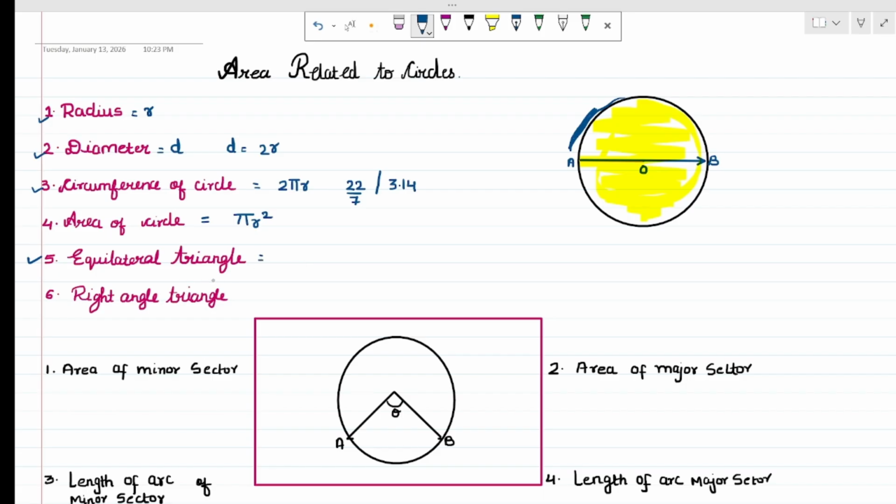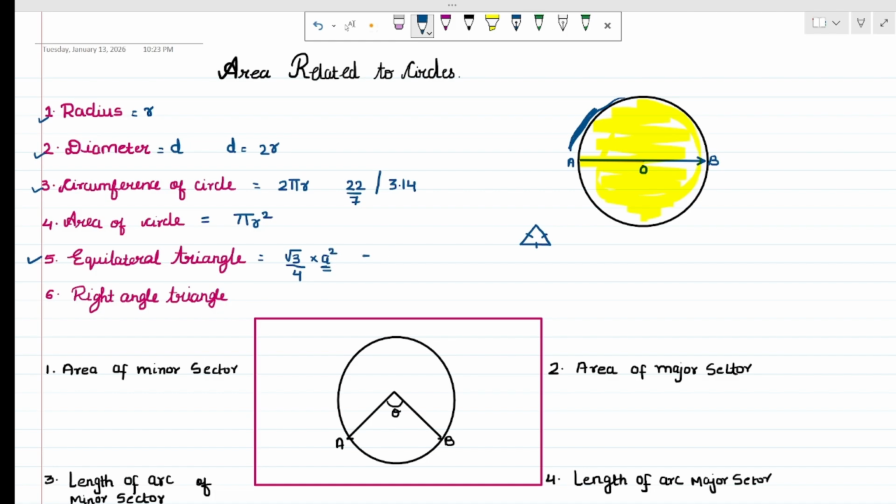What does an equilateral triangle mean? An equilateral triangle means a triangle whose three sides are all the same. That means they are equal. That type of triangle is called an equilateral triangle. The formula for equilateral triangle is √3/4 multiplied by a square. Now what does this a mean?